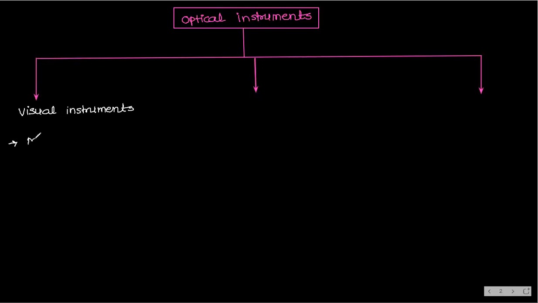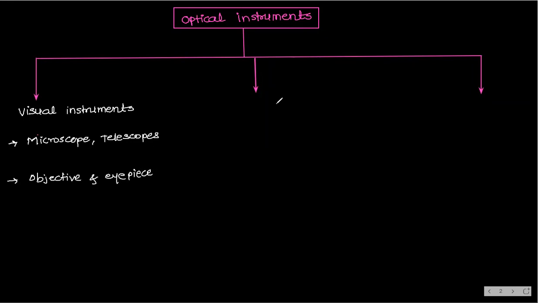For example, microscopes and telescopes. In these, we are going to use an objective and an eyepiece, that means objective lens and eyepiece.